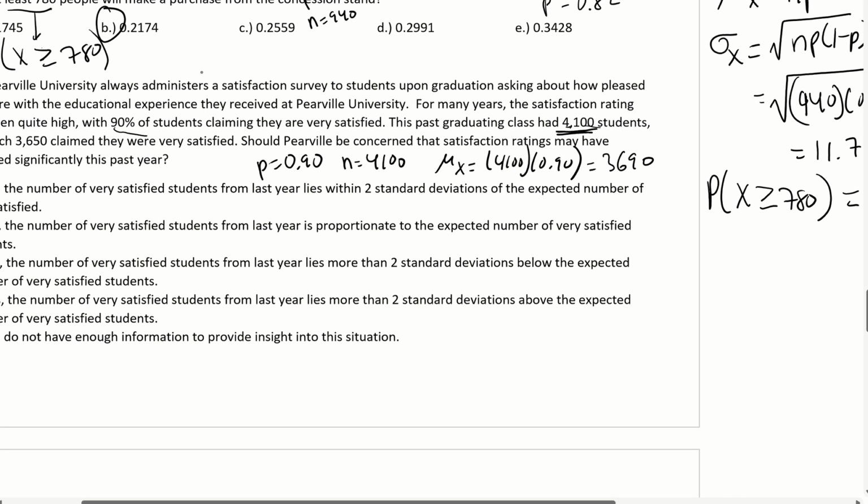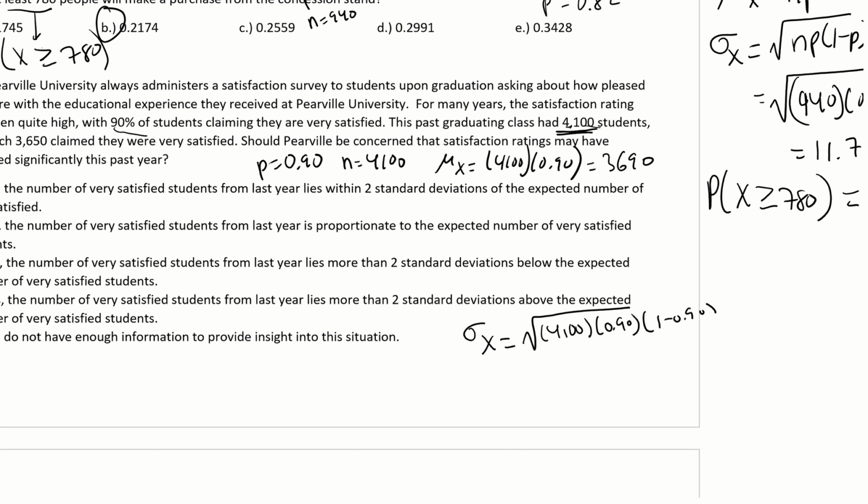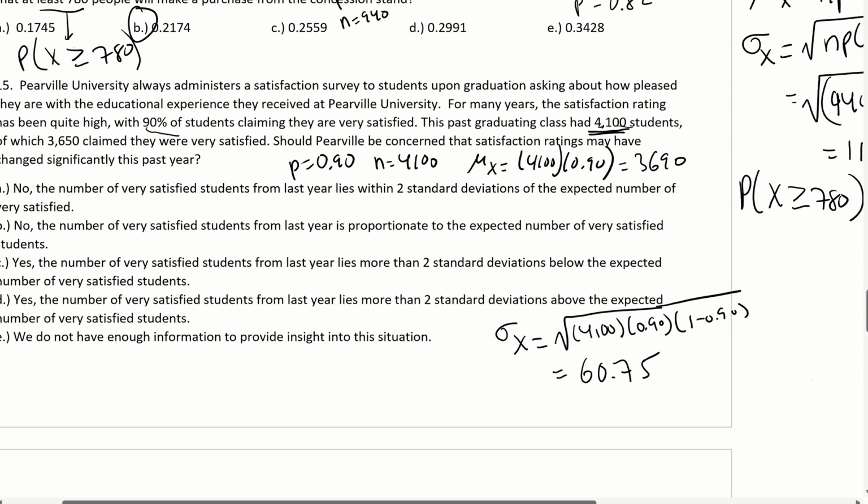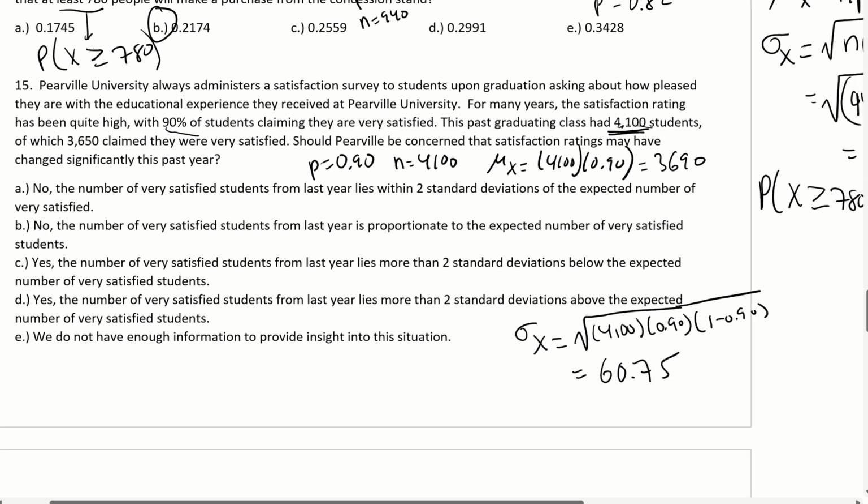And then the standard deviation, I'll just do it down here because I'm out of room. It's the square root of n times p times 1 minus p. Let's calculate that real quick. We get 60.75.